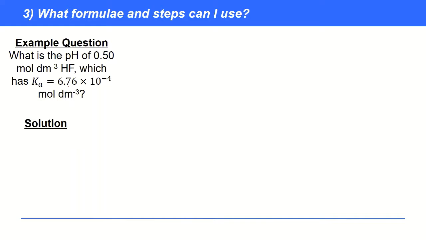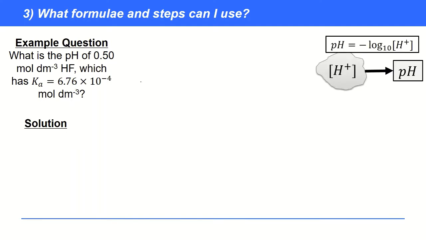So with that formula in hand, let's have a go at trying to do an example calculation. So what is the pH of this concentration of hydrofluoric acid, which has got this Ka value? So, as always, pH is our goal, and H plus ion concentration is the crucial parameter that we need to then work out.